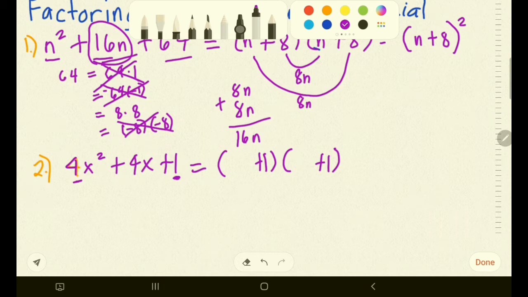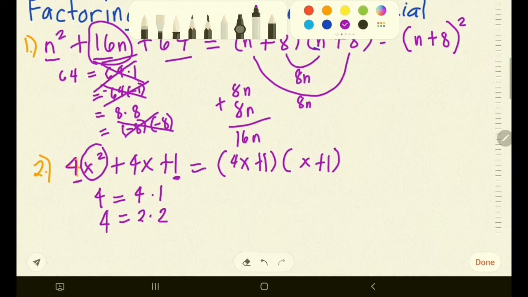Now let's proceed with 4x squared. When you factor x squared, that could be x times x. But how about 4? Again, do not consider negative factors since you have no negative sign there. It could be 4 times 1 or 2 times 2. So we're going to check.